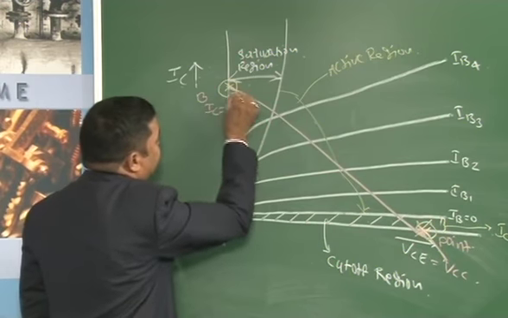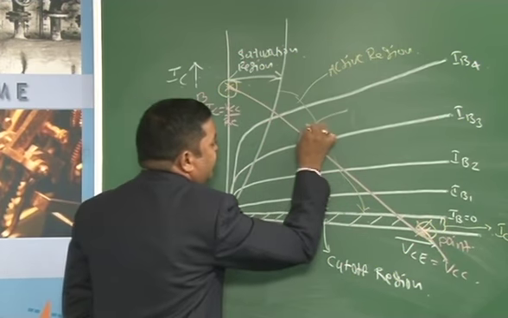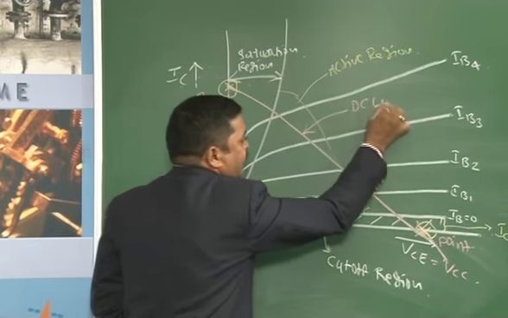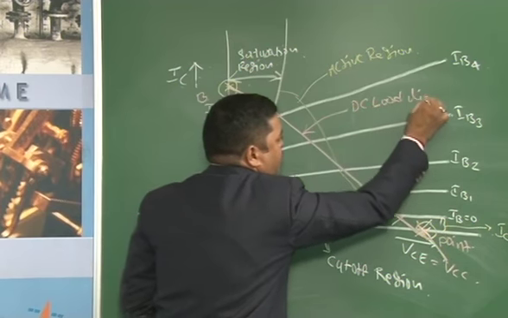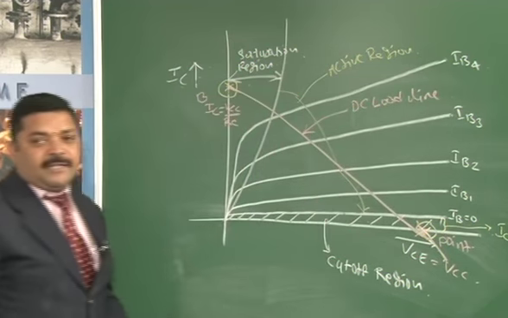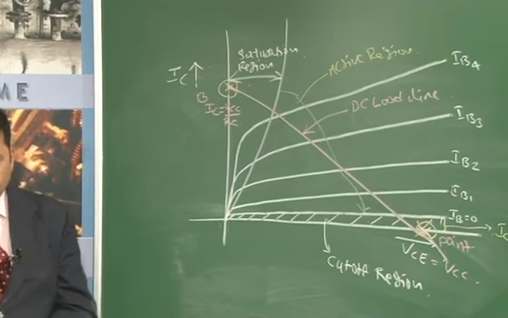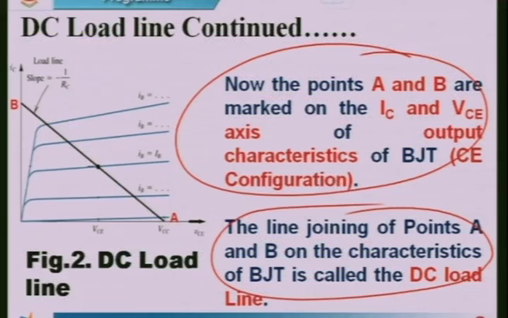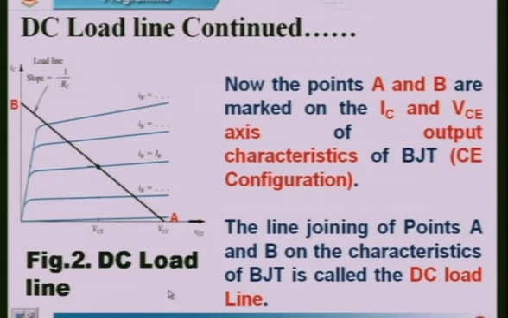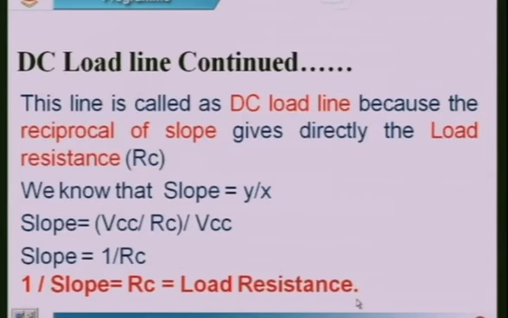Let us join these two lines, and this line is called a DC load line. Why is it called a DC load line?